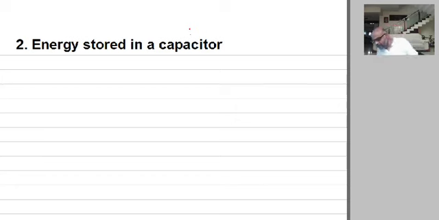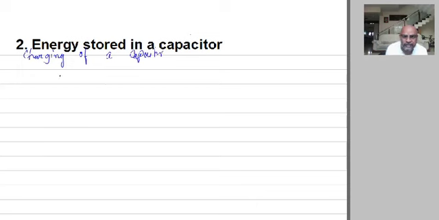First of all, how the energy is stored in a capacitor, that is like the charging of a capacitor. We have to learn about the charging of a capacitor.